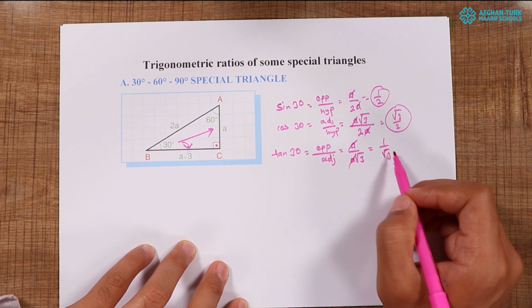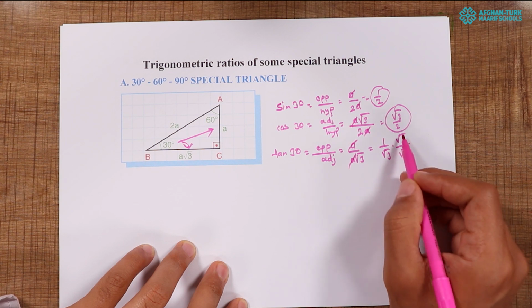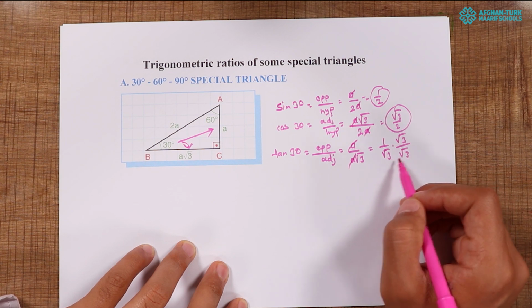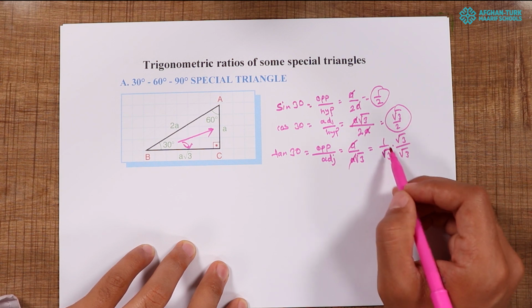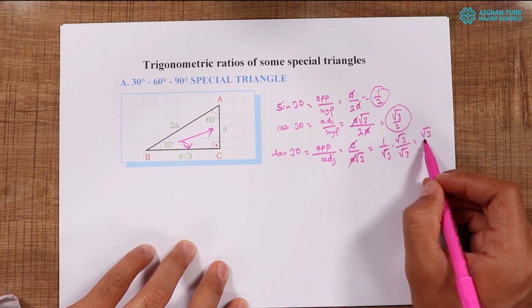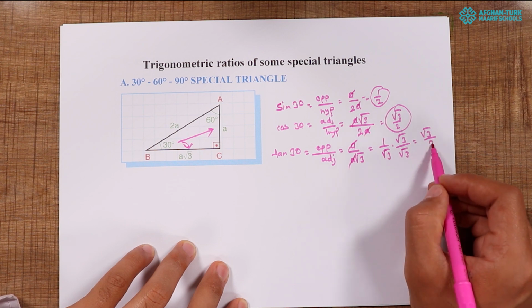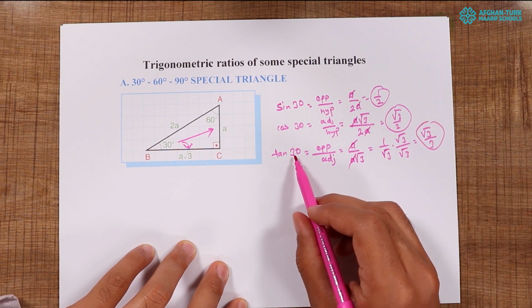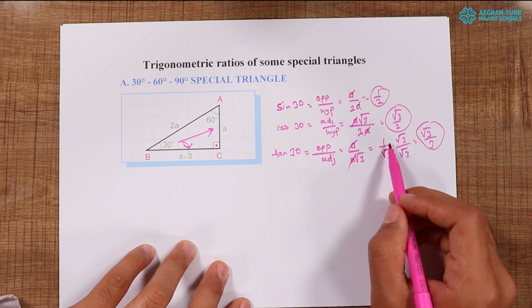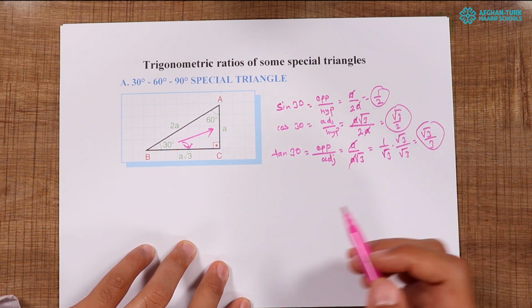And also we can multiply a square root of 3 to both the denominator and numerator. So it becomes a square root of 3 over a square root of 3 times a square root of 3, which is equal to 3. So the tangent of 30 degrees is equal to 1 over square root of 3, which is square root of 3 over 3.